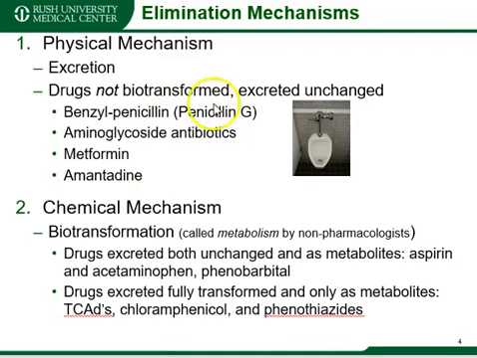A classic story, which you may have heard, is that back in the late 1930s, early 1940s, when penicillin was in short supply, patients that were being treated with penicillin were instructed to collect their urine.